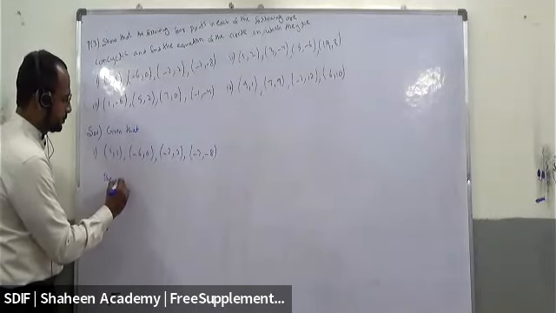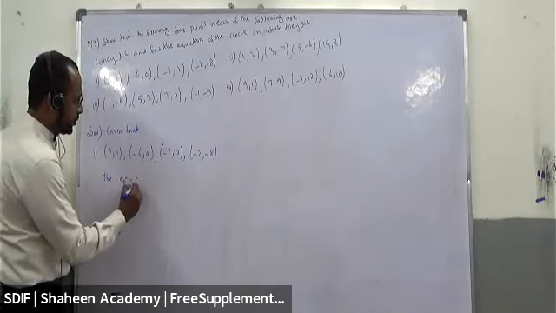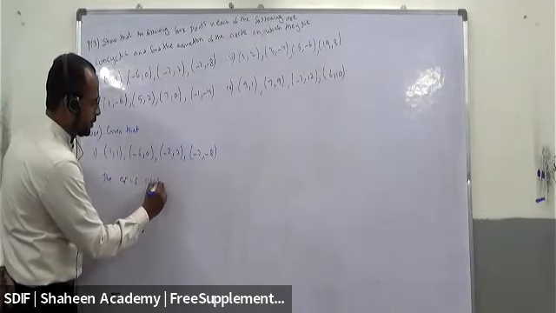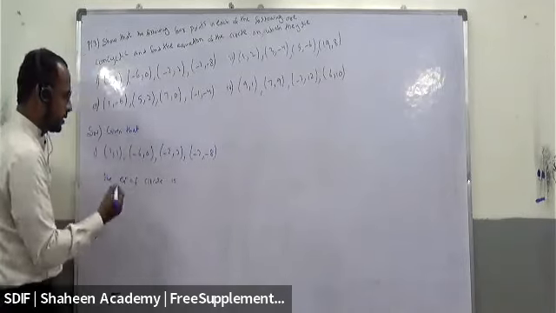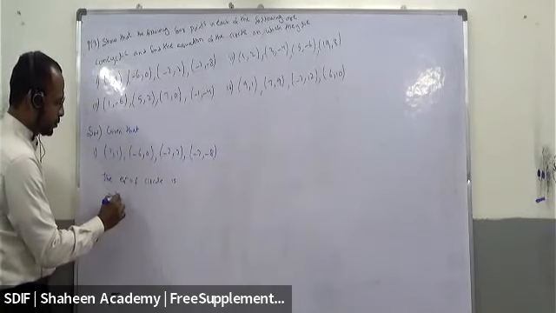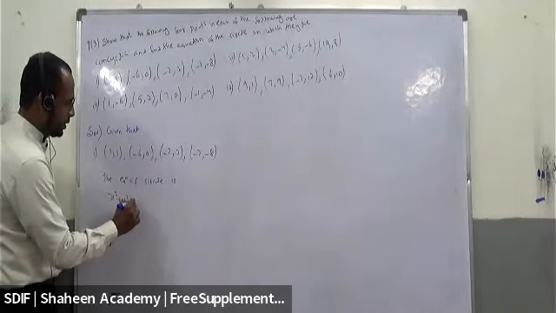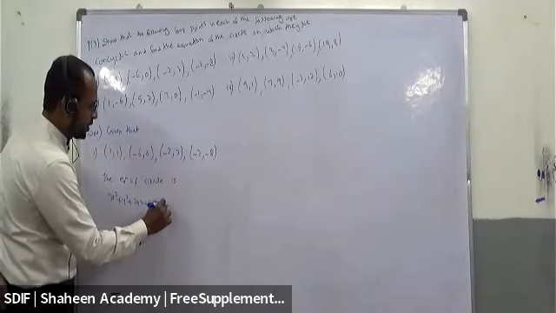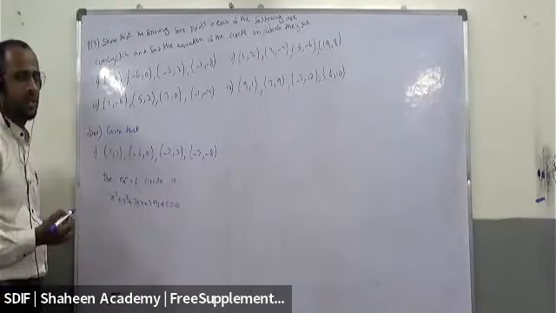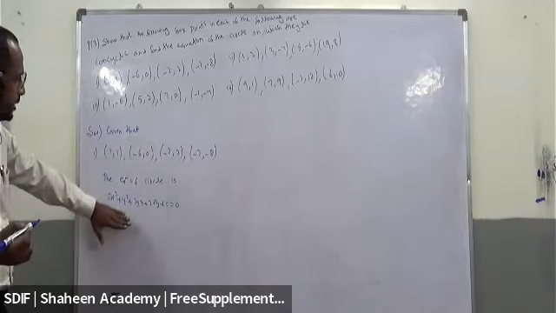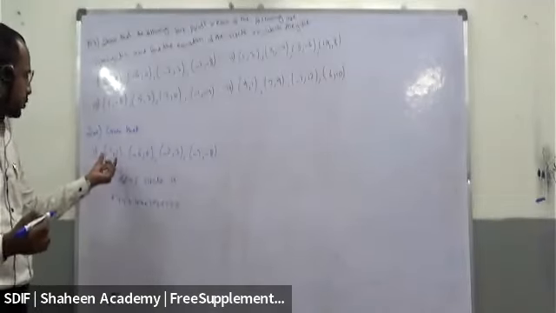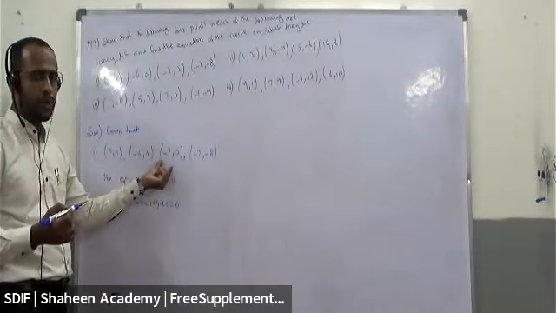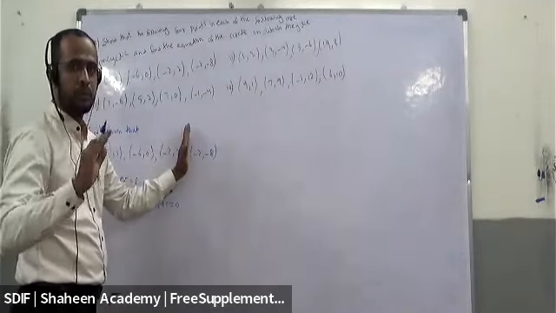The equation of the circle is x square plus y square plus 2gx plus 2fy plus c is equal to 0. This equation of the circle passes through this point and this point, and we will use the fourth point afterwards.